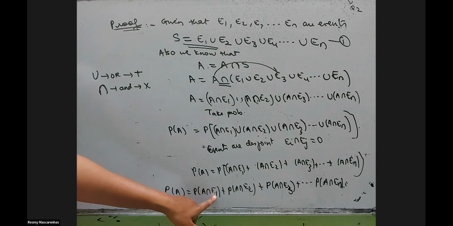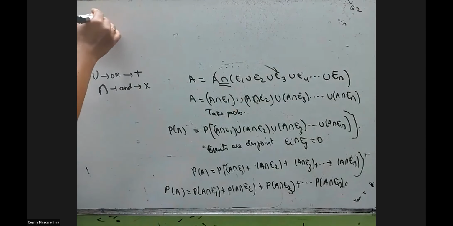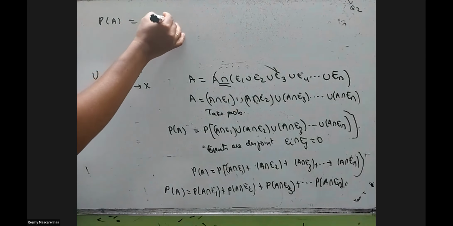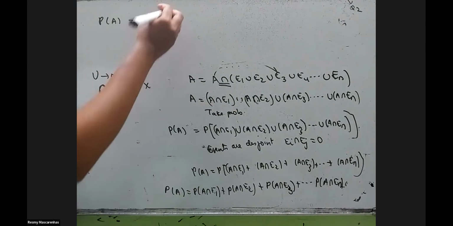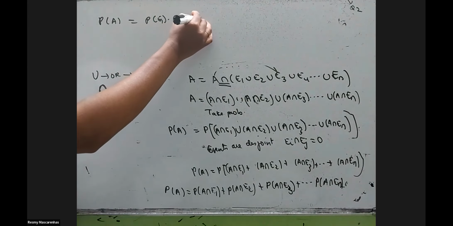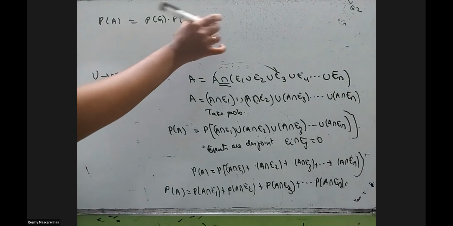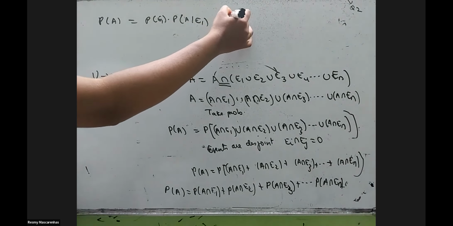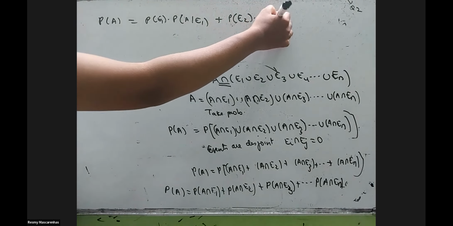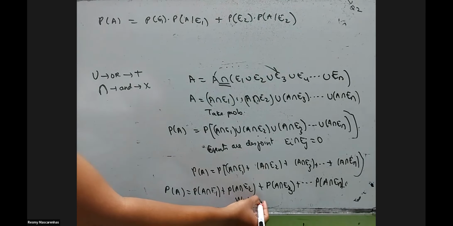If I'm using E1, then P of A is what? If I'm using P of E1, then this is P of A upon E1, this E1 goes down. Whatever I'm using here, I have to write down here. Then if I'm using P of E2 here, then apply the multiplication theorem.